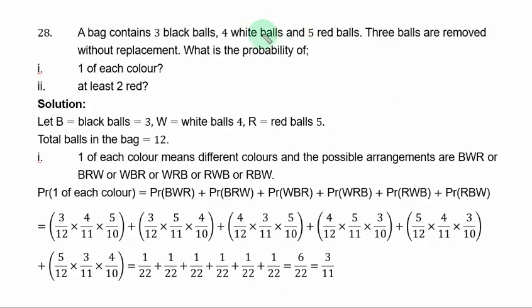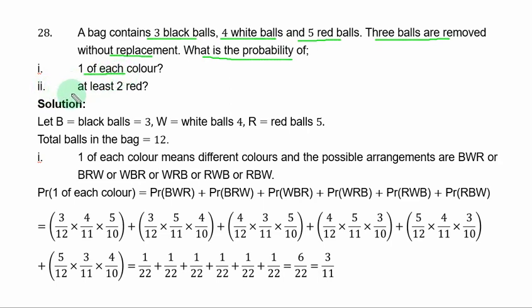Example 28. A bag contains 3 black balls, 4 white balls, and 5 red balls. 3 balls are removed without replacement. What is the probability of? Part 1, 1 of each color.